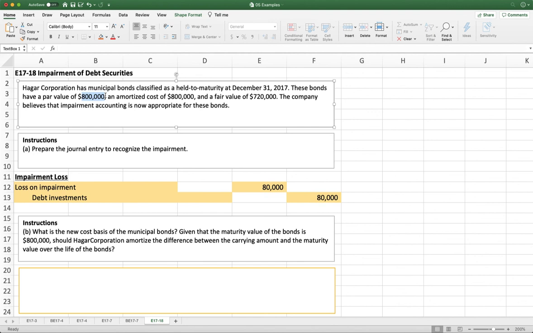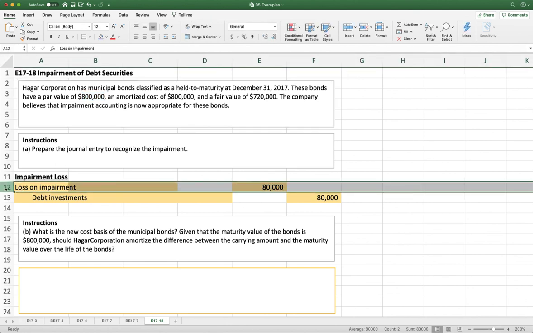So the question is, should we amortize this difference? And the answer is no, because when we took this impairment, what we were saying is that we're not really going to get that $800,000. So it doesn't make sense to over time slowly write this account back up to an $800,000 we don't believe we're going to get.